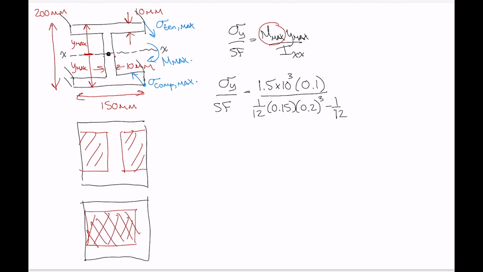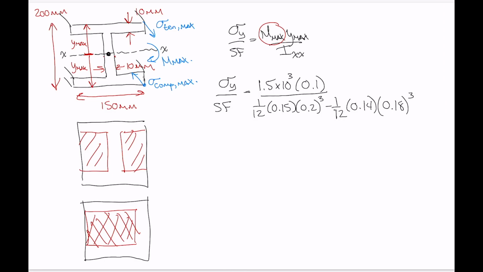So the base of that is going to be equal to our total base length multiplied by the thickness of the flange. So here we've got 140 millimeters, and then a height again is total height subtract 2 times the flange thickness. So we've got 180 and cube that.